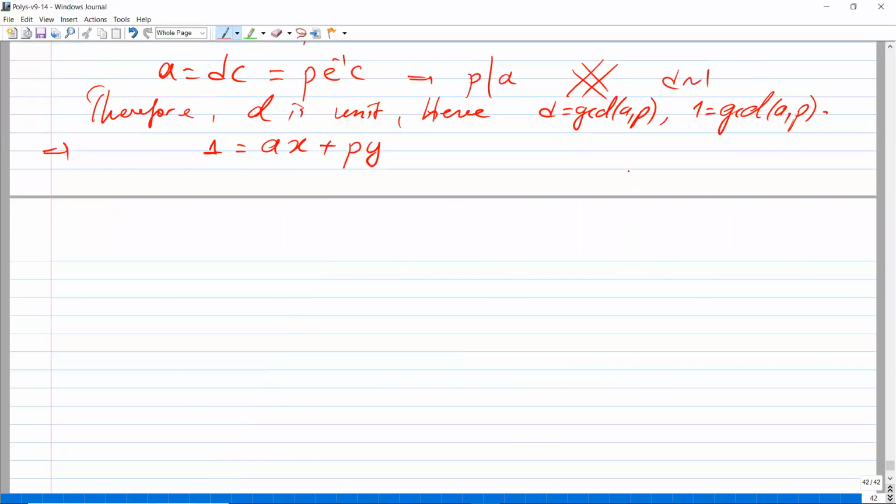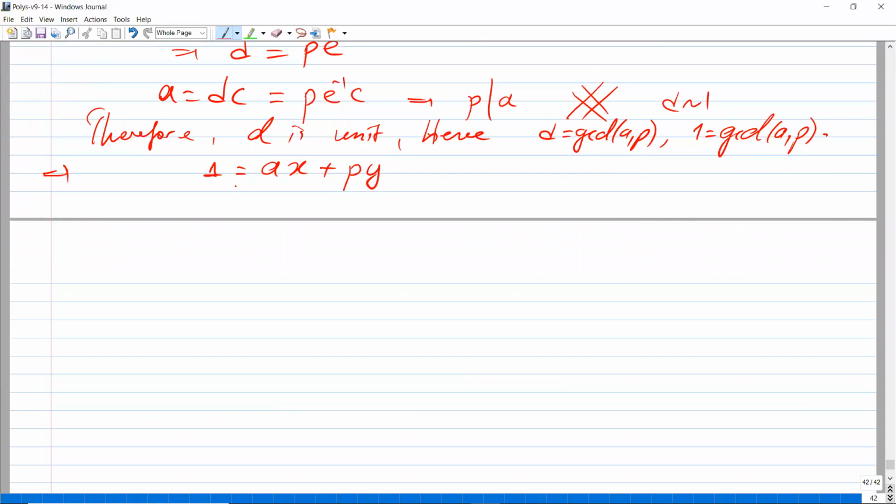So how do we do this? From this identity, 1 is equal to AX plus BY. If we multiply both sides by B, B is equal to BAX plus BPY.